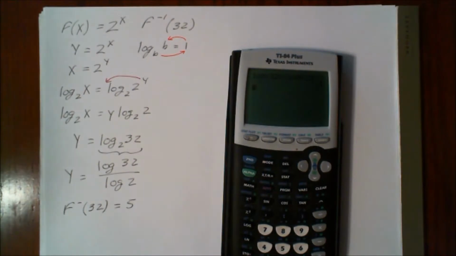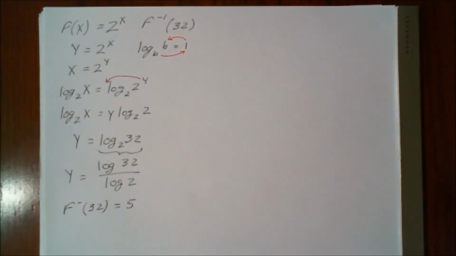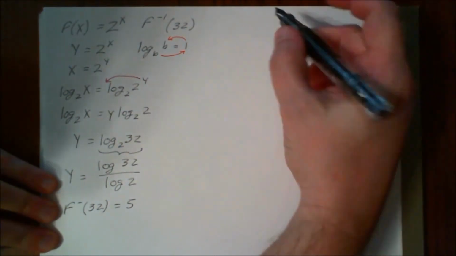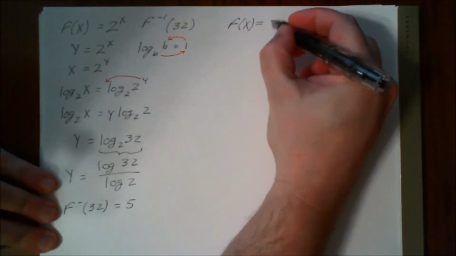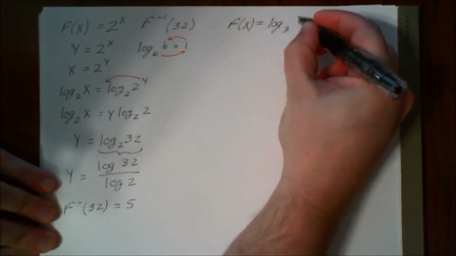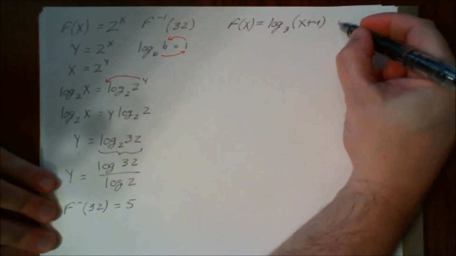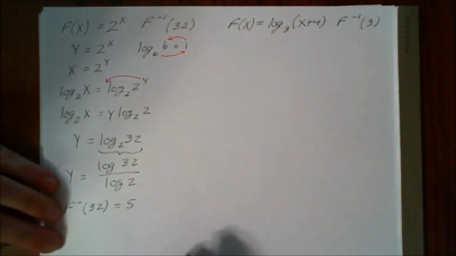Alright, so now let's do the other type, where we're going to go from a logarithmic function and find the inverse of that, which will give us an exponential. So here's the example. f of x equals log base 3 of quantity x plus 4. We're going to find the inverse when x is a value of 3.